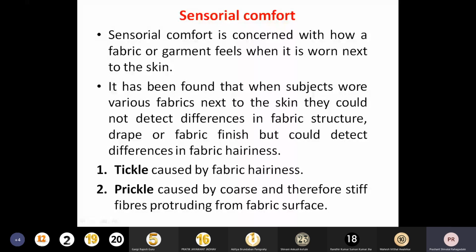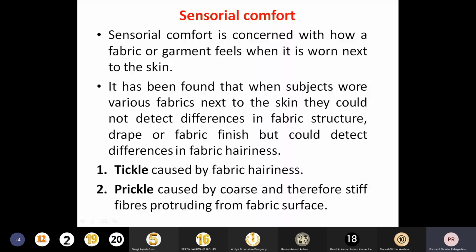In prickle, fabric hairiness comes in, but when we are talking about prickle, the stiffness of your protruding fiber is the main factor to cause this sensation, which is called prickle sensation. So when does prickle sensation occur?